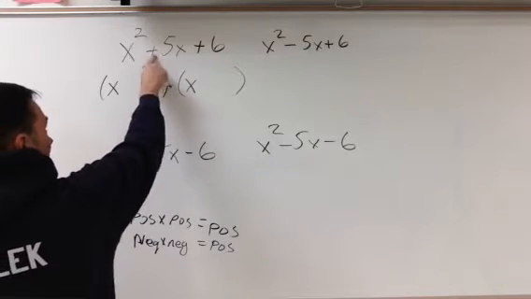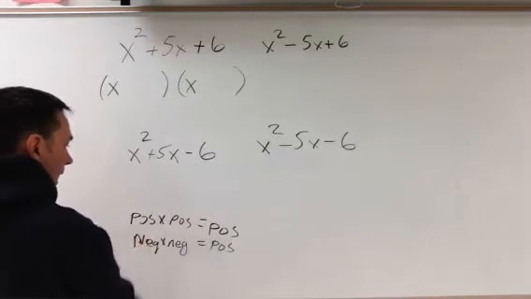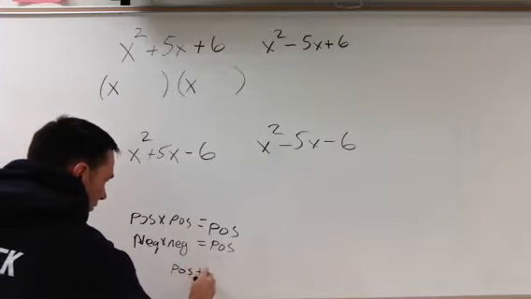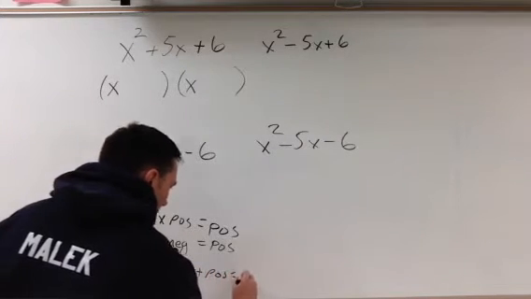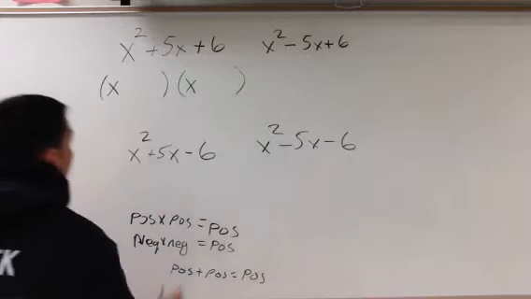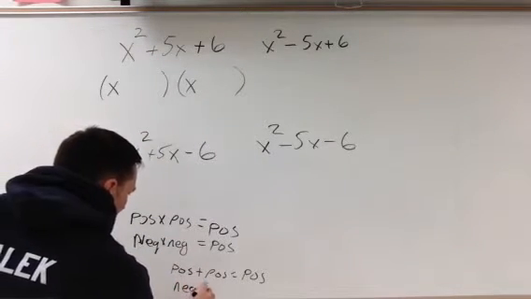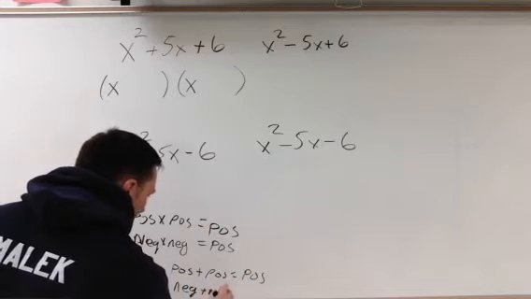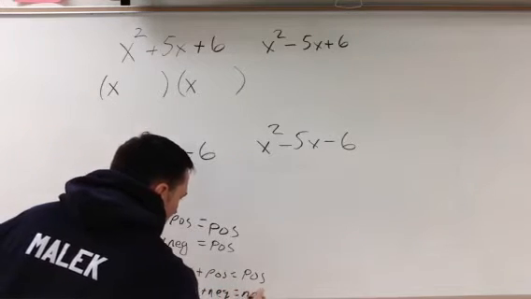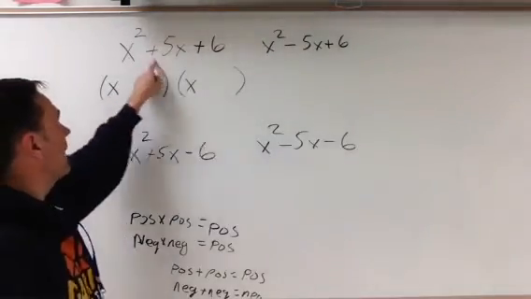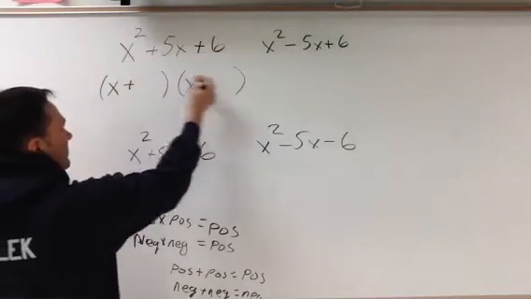In order to get a positive number from two positives, they have to be positive. If this was negative, for taking these two examples, negative plus negative will always be negative. So right now, because both of these are positive, I know this sign has to be positive.